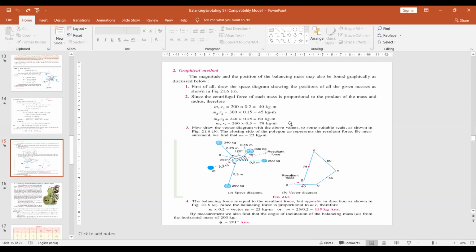So you set up the scale, say 10 kg meter or 20 kg meter equals 1 centimeter. Then draw one horizontal line, choose a point, and start with A here.